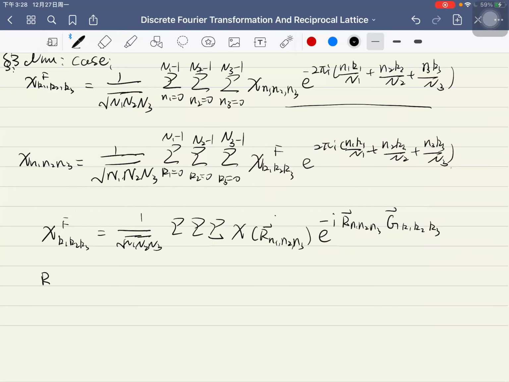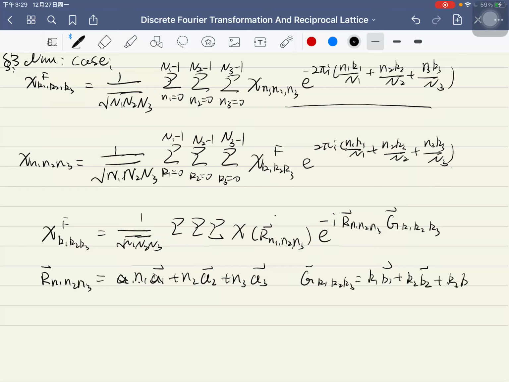The R(n1,n2,n3) can be written in the primitive form n1 a1 plus n2 a2 plus n3 a3, G(k1,k2,k3) equals k1 b1 plus k2 b2 plus k3 b3.